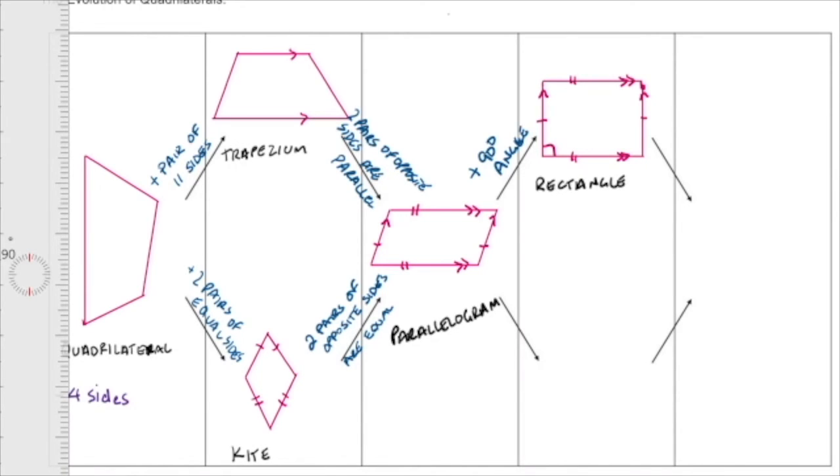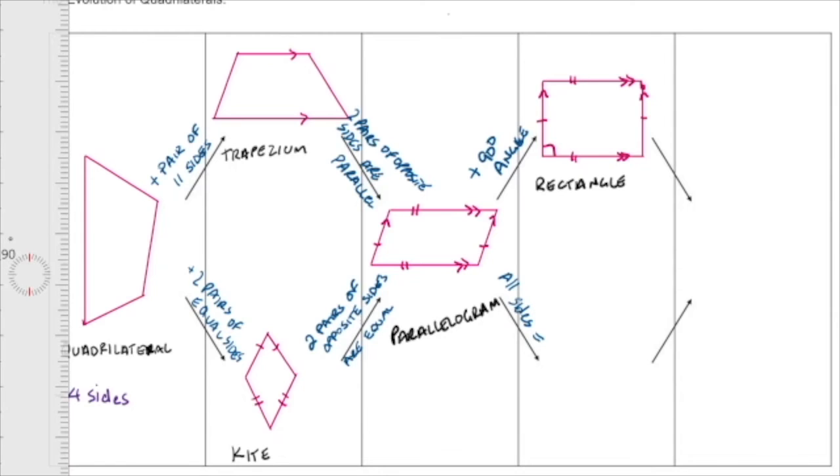Okay, now you can see that there's an arrow at the bottom, because what we're going to do down the bottom, we're not adding an angle, we're going to add all sides equal.